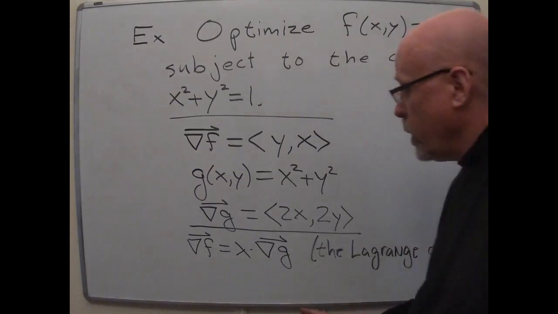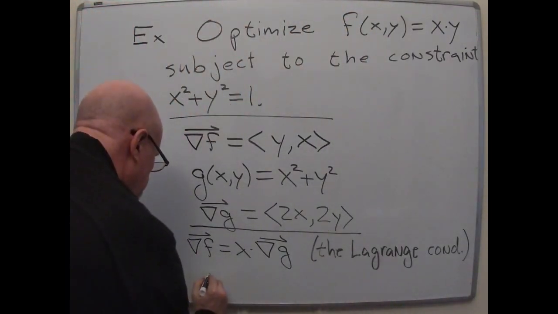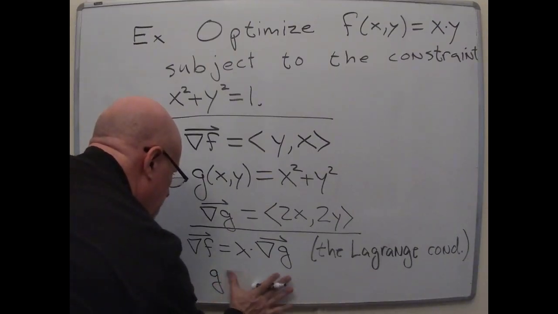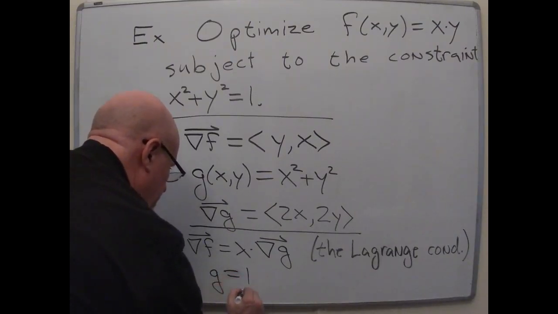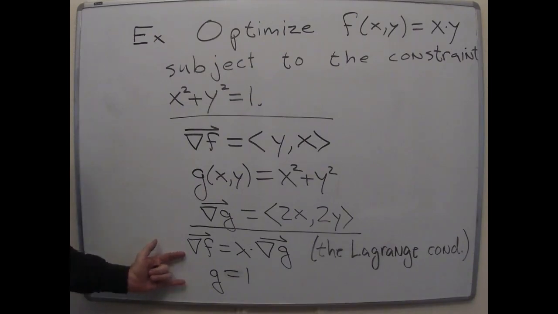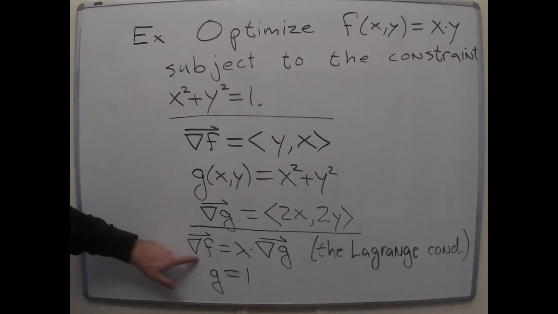And the other thing we're going to see is that g is equal to 1. Well, that's sort of saying what the things are generically. Let's do it in our example. What does this vector equals lambda times this other vector really mean? And what does g equals 1 really mean?